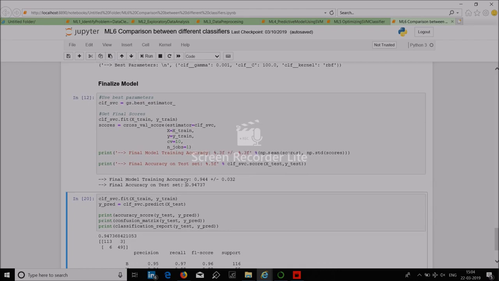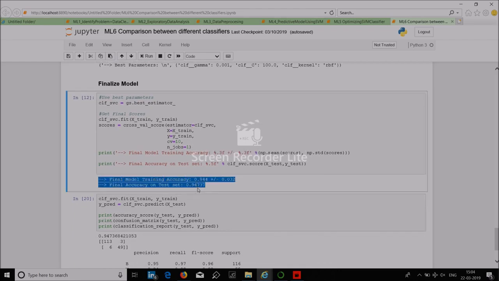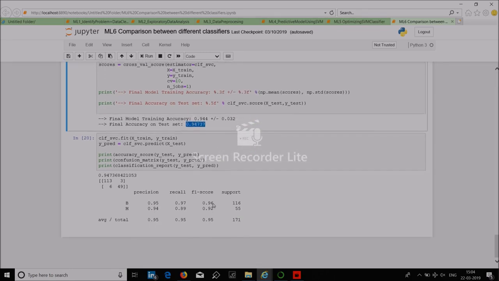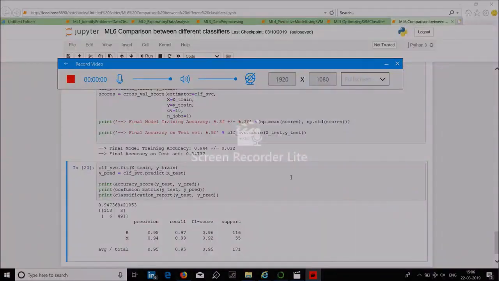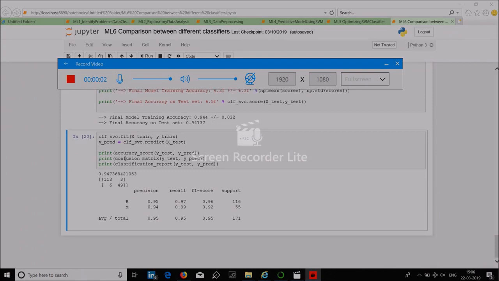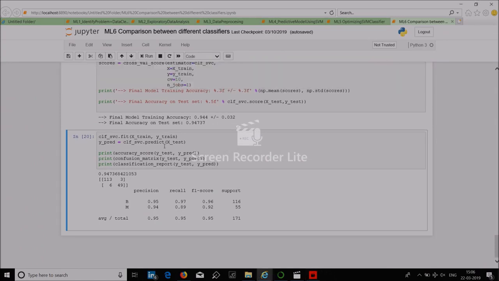We have done some tuning in this project by using hyperparameters for the SVC estimator and hyperparameters for KNN. So at the end what we have obtained is 0.95 precision on the classification of infected and non-infected cells.